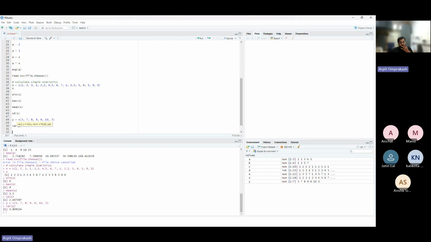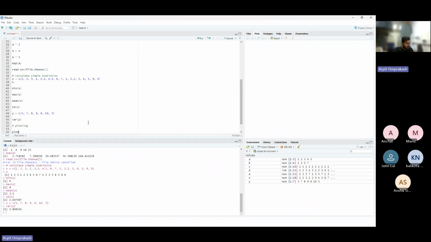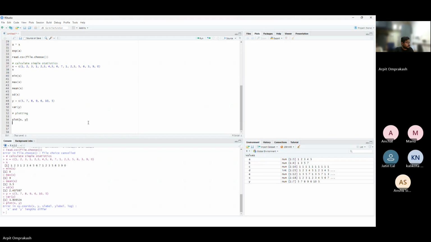Right. Then what else do we have? If you want to plot data, you use this function called plot. So say plot x and y. Actually, you can't plot something that has different lengths.